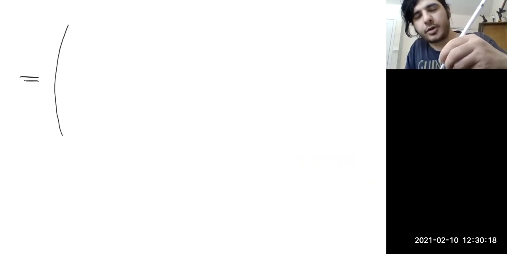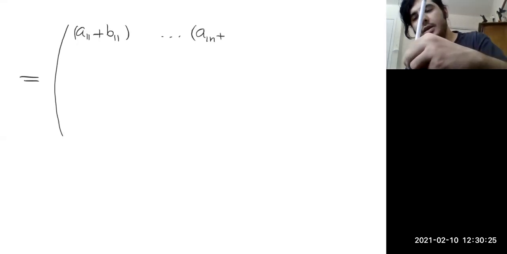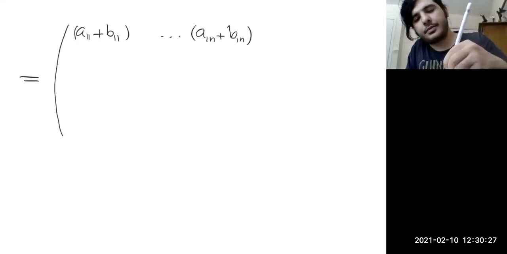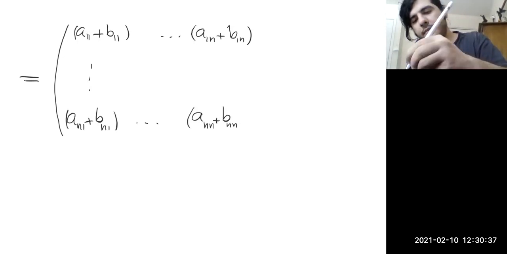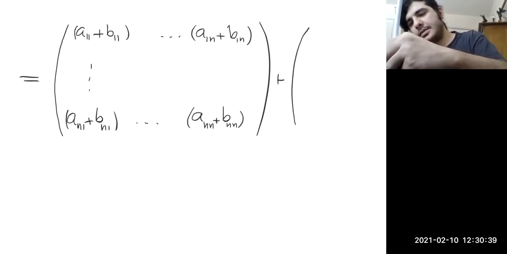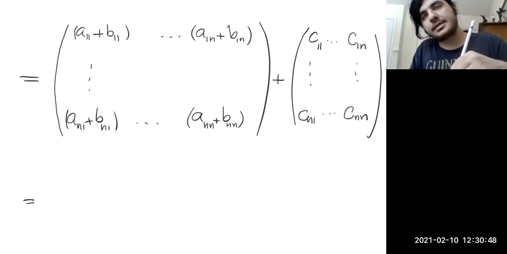So the result would be, okay, I would rewrite that here. We had A11 plus B11, A1n plus B1n, An1 plus Bn1, Ann plus Bnn, and then I have C, C11 up to C1n, Cn1 up to Cnn. Okay, what is the sum?